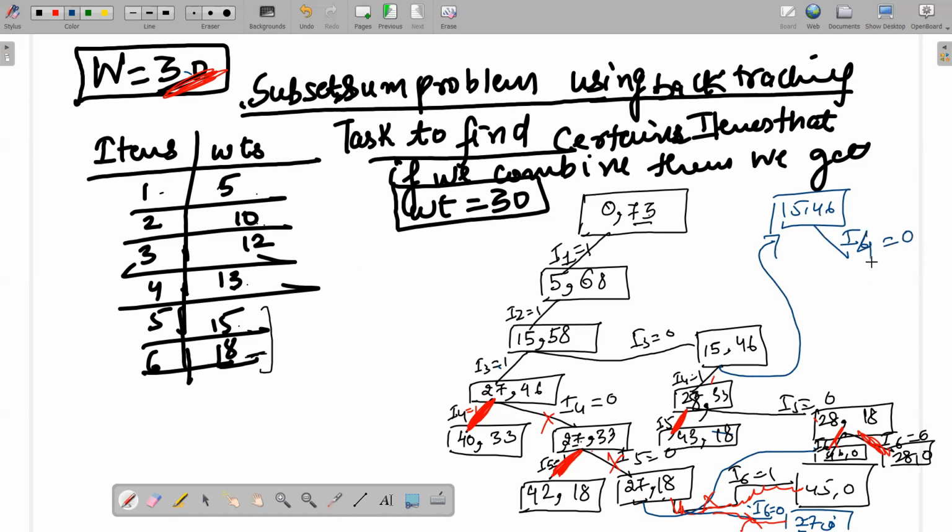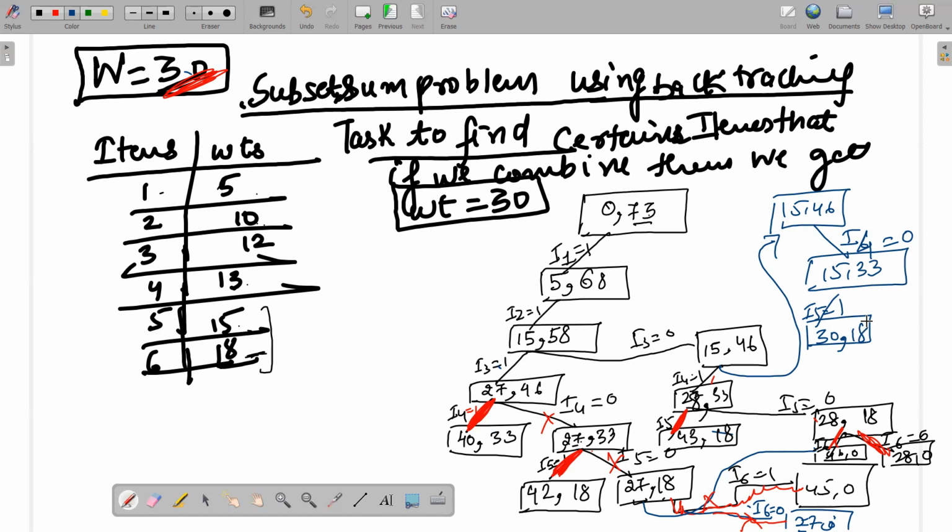If item number 4 is not included, we got the answer as 15 comma 33. If we include item number 5, the answer becomes 30. And mind you, this is 30. And what is the remaining part? The remaining part would be 18.